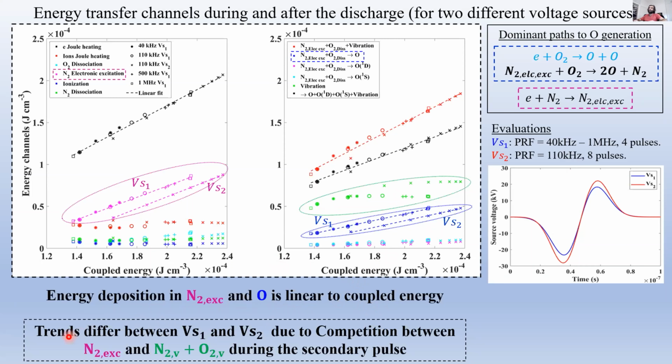But there's also a trend difference between VS1 and VS2, and apparently this is due to a competition between the nitrogen electronic excitation channel and the vibrational channel of oxygen and nitrogen during the secondary pulse.